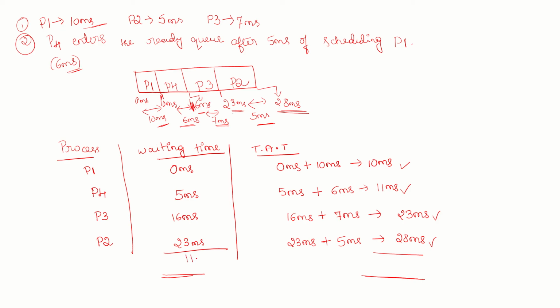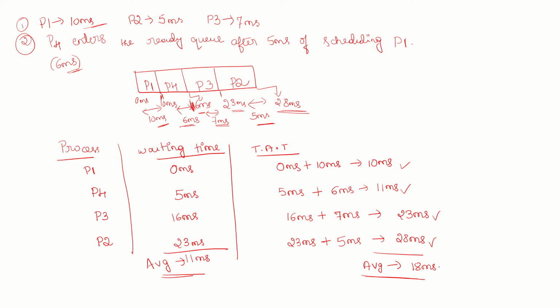Average waiting time is 11 milliseconds, whereas average turnaround time I will get as 18 milliseconds. Okay, this is the way for solving the problem for last come first served, LCFS or LIFO.